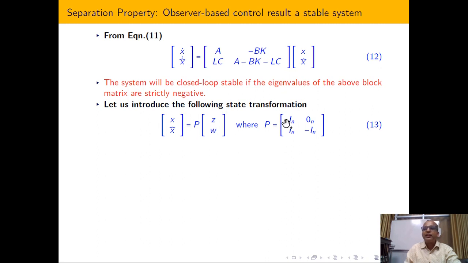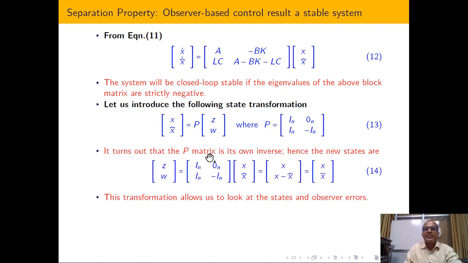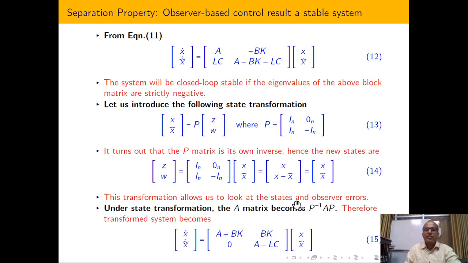After this transformation, my states z and omega now look like x and x tilde. So now I have x and x tilde, and you can express the whole system in terms of x and x tilde.